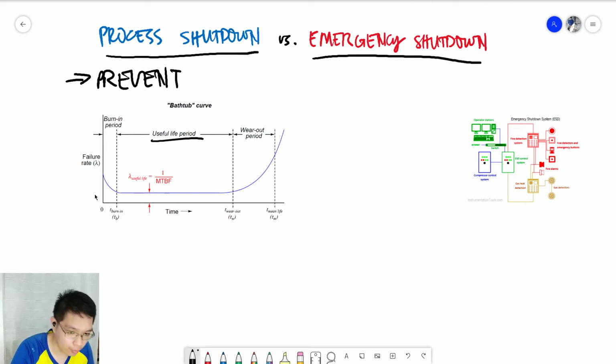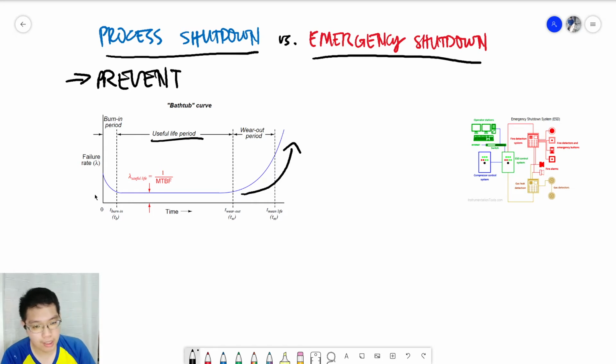After that, it starts wearing out, and as it does, the failure rate goes up. If the failure rate goes up, you are beyond the useful life of that component, which means that malfunctions are bound to occur. Whenever that happens, process shutdown is your friend if you need to shut the system down to fix the problem.